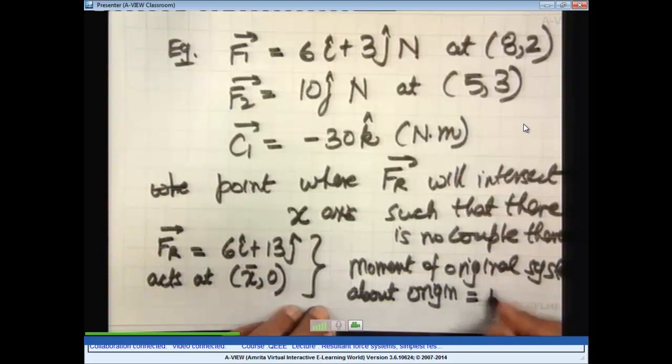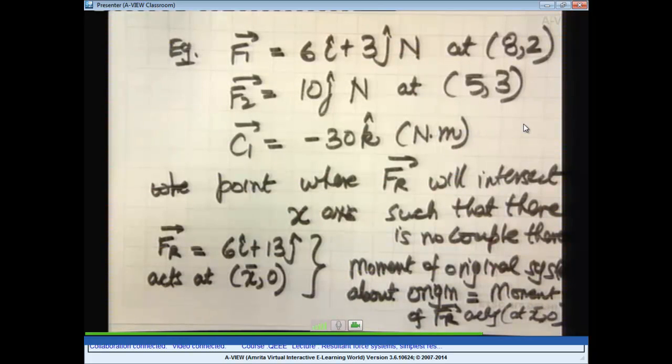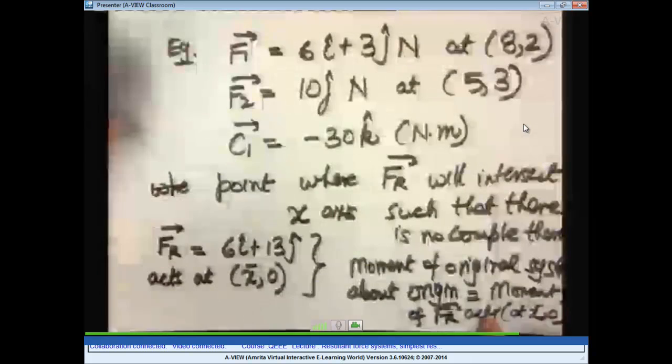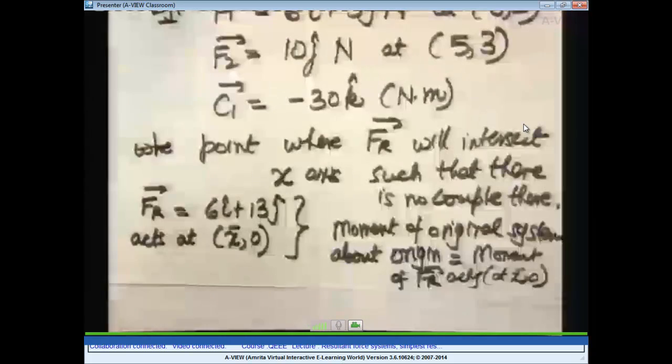This must be equal to the moment of Fr acting at x bar comma 0, and when we do this, this will give us the value of x bar, that is, where does Fr intersect the x-axis.